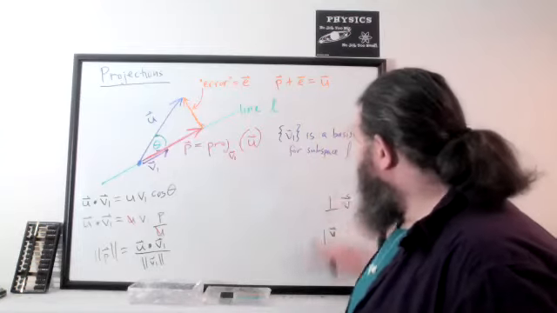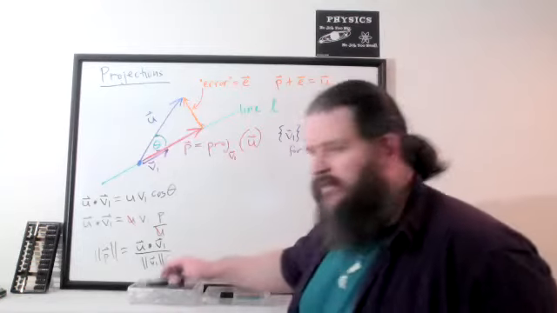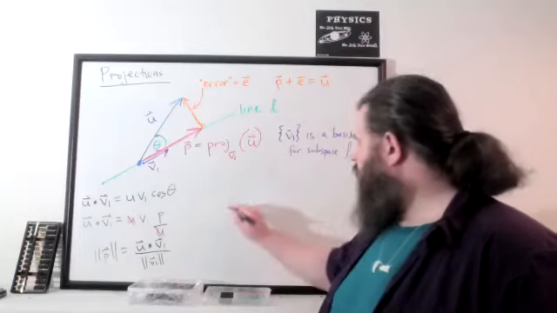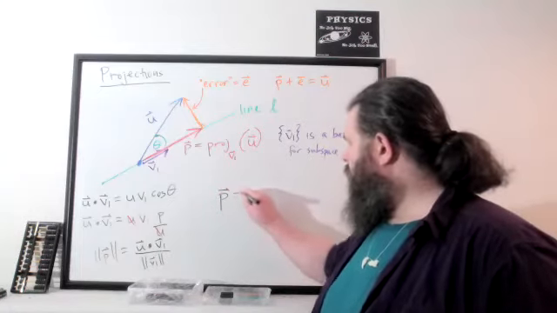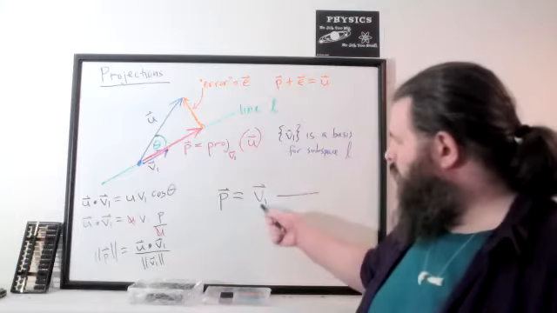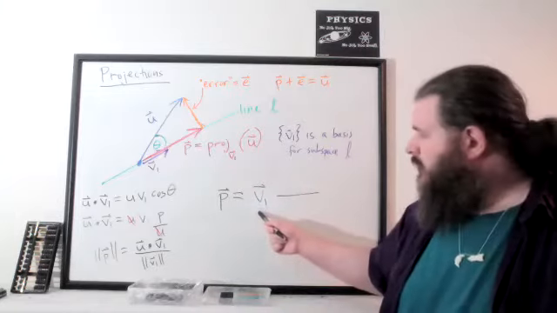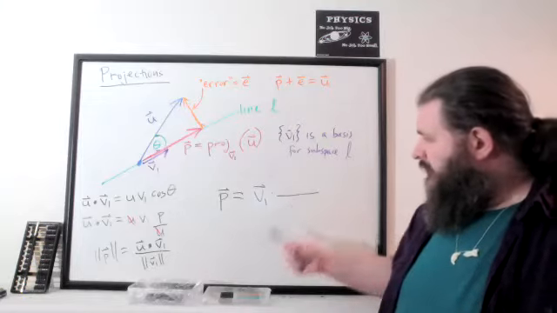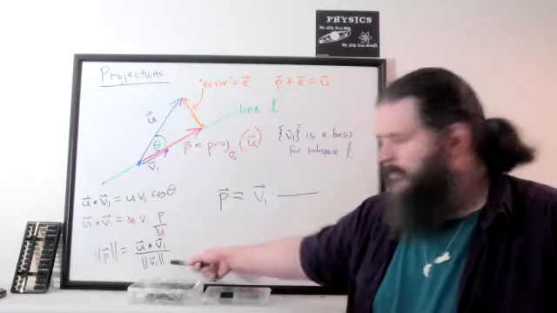So we should be able to just write vector p as vector v1 times some modifier. So v1 establishes the correct direction, and we need a multiplier that will give the magnitude of this.